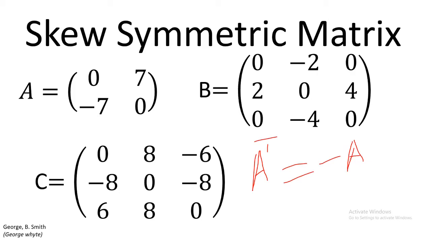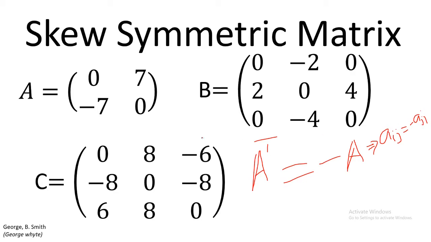So in general, another way we put it is that this is the same thing as saying Aij, the entry at row i and column j, is going to be equal to the negative of Aji.